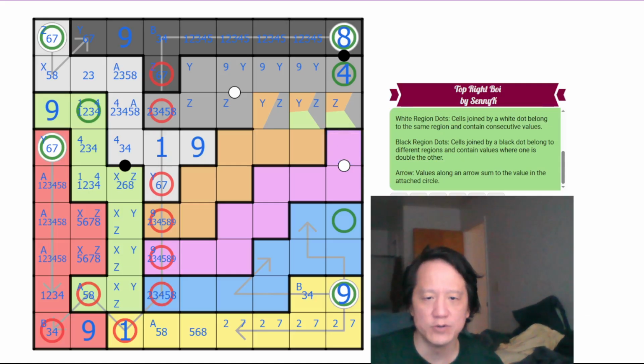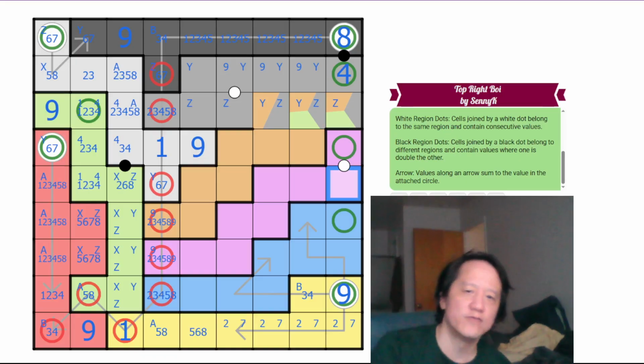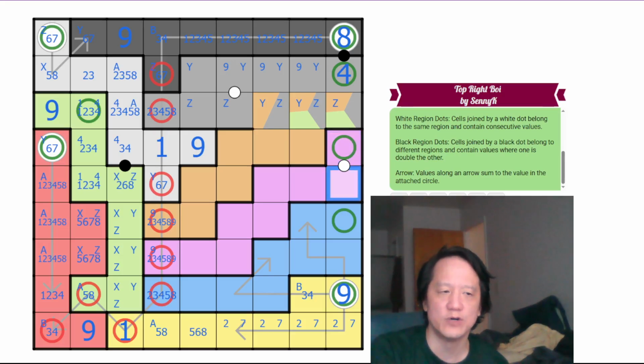So this is doubled, which means this must be an odd digit. So we have 1, 3, 5, 7. 1 doesn't work because 1 is only consecutive with 1 doubled. So 3, 5, 7. 3 could go to 2 doubled or 4, 3 doubled. That is, no, 2 doubled.